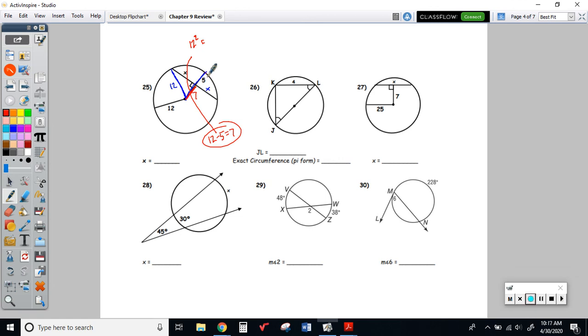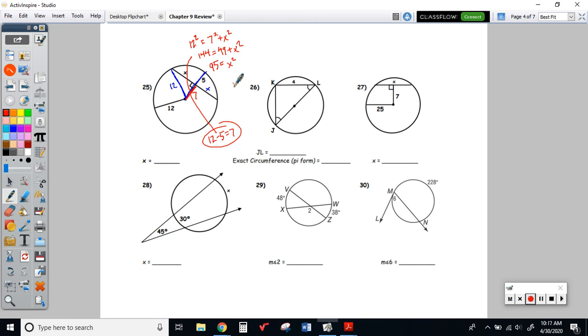Since from here to here is a radius, 5 of it is here, 12 minus 5 would give you your leftover part there. So your hypotenuse squared would equal 7 squared plus x squared. And so from there, it looks like we'd have 144 equals 49 plus x squared. You could subtract 49, and you'd be left with 95 equals x squared.